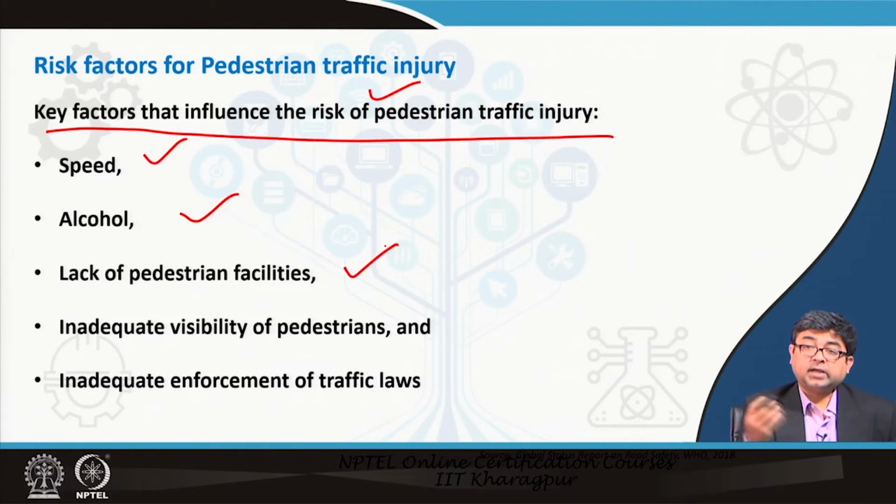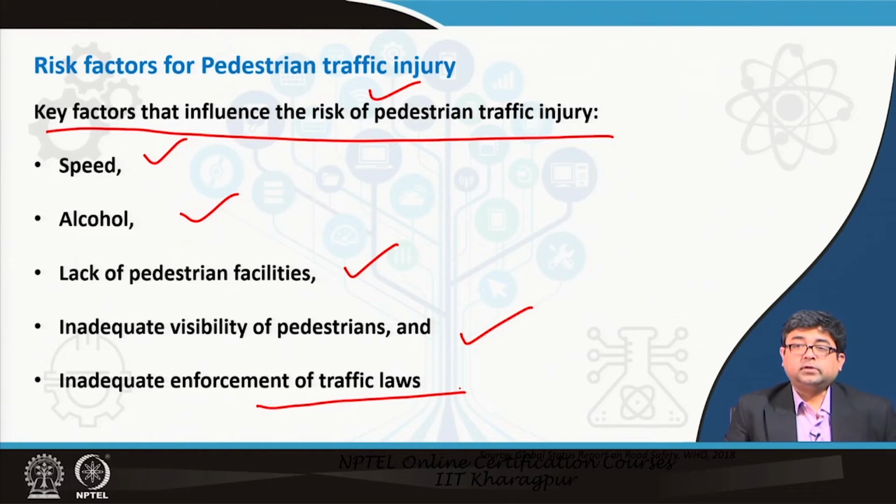Third is the lack of actual pedestrian facilities. The fourth one is the inadequate visibility of the pedestrians. So, poor design of the roads, poor lighting and poor gear that people wear is a cause of traffic injuries. And finally, inadequate enforcement of traffic laws may also lead to a higher risk of pedestrian traffic injuries.